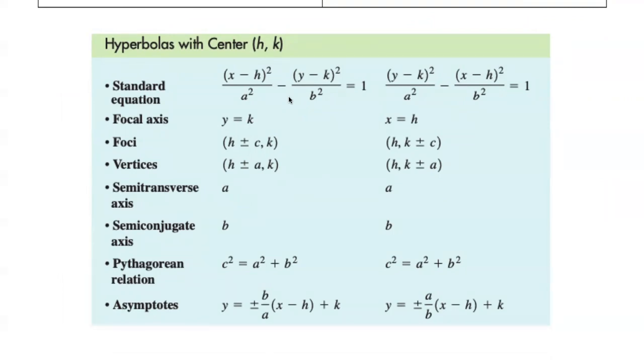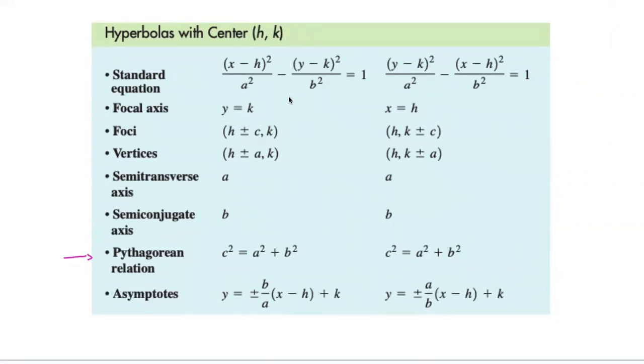And there are two things that I want us to note on this page. The first thing is this Pythagorean relation: c squared equals a squared plus b squared. Okay. This is different than the ellipse one.